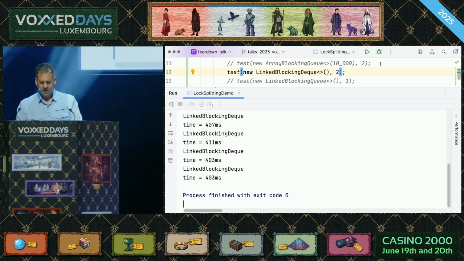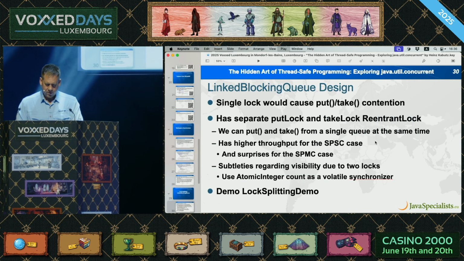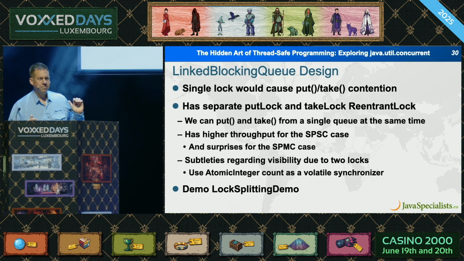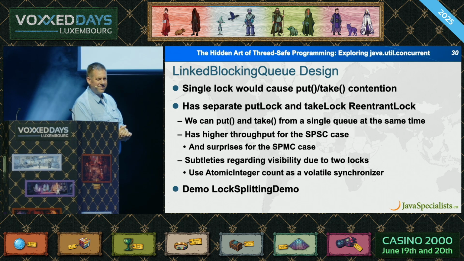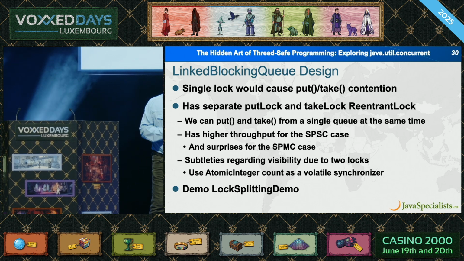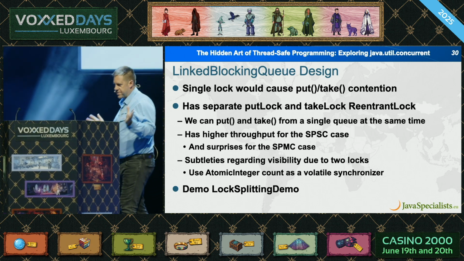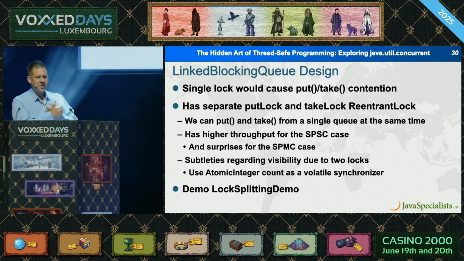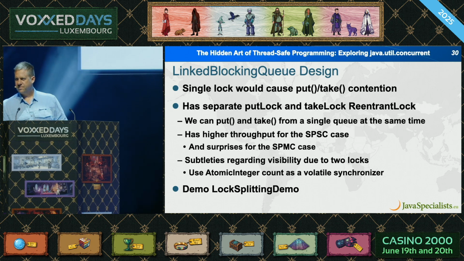Well, what's interesting about this is the LinkedBlockingQueue is used by the fixed thread pool. Right? So, if, for example, you write a demo, a test, you want to see what is faster, having 1 thread in the fixed thread pool or having 2 threads in the fixed thread pool.